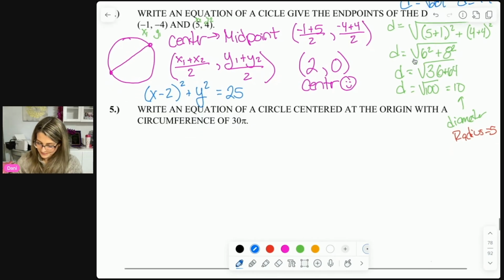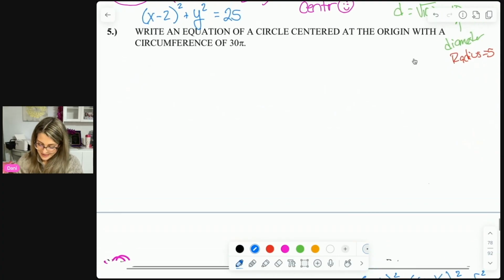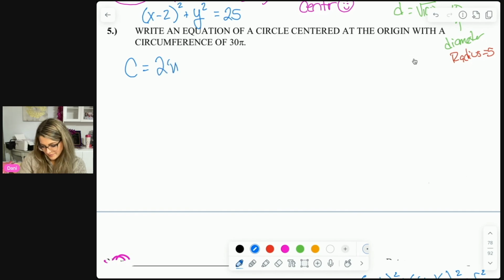All right. This next one is super fun because we are given a circumference. So you have to go back in your brain and ask, what's circumference? Remember, there are 2 ways to write the circumference formula, and they're both legal. We have C equals 2 pi r, or you can write this as pi times diameter.